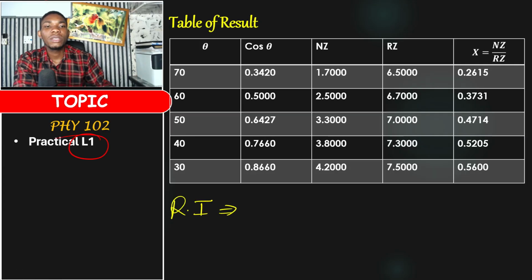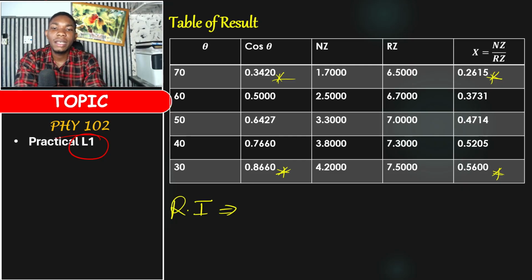It means cos theta will be on top and x will be under. You can find the slope of this graph by using any two values. Use these two values here, and correspondingly these two values here, because your slope is supposed to give you the refractive index of glass, and the refractive index of glass is measured around 1.60.